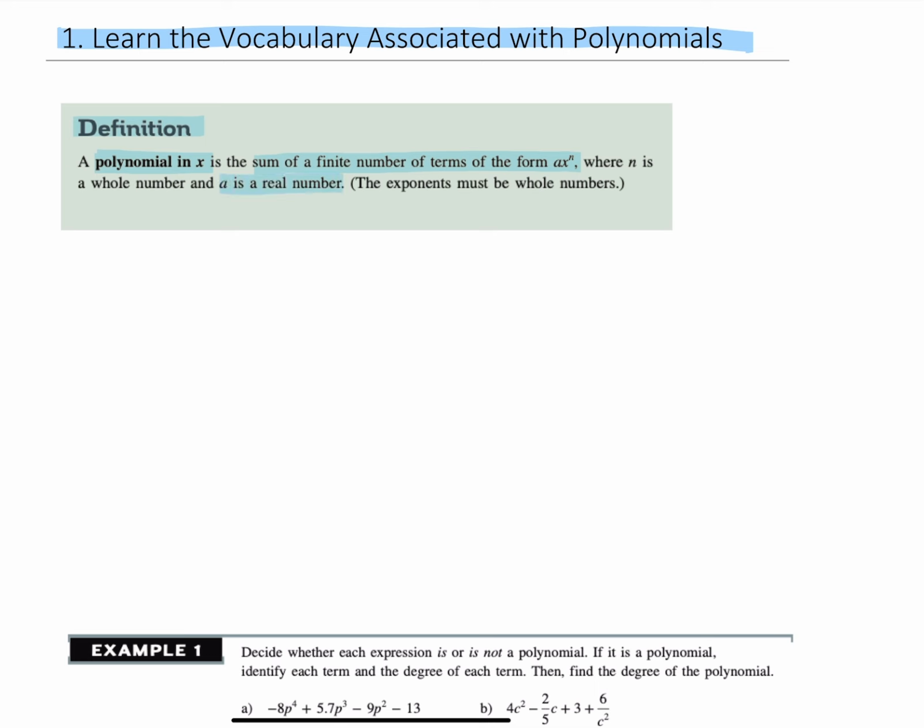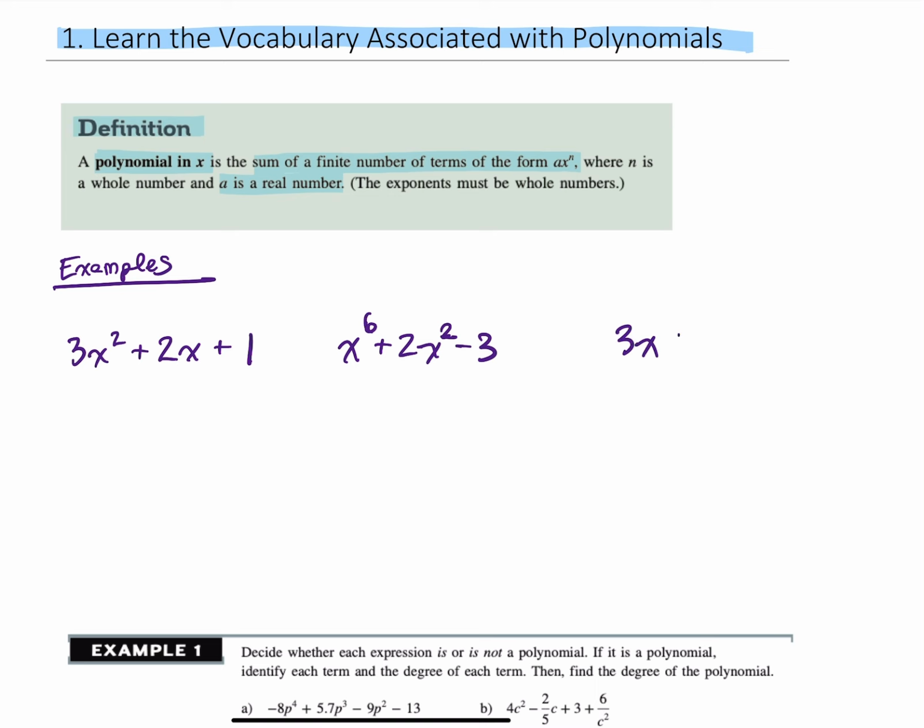Let's see a couple specific examples. Something like 3x squared plus 2x plus 1, or x to the 6th power plus 2x squared minus 3, or even something like 3x plus 1.